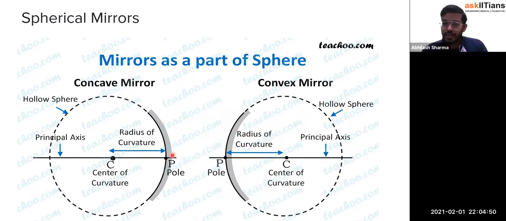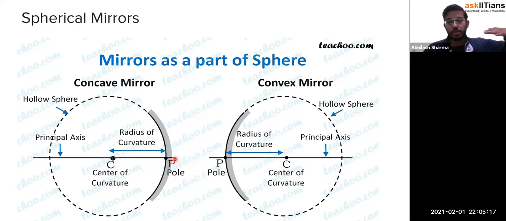Now, since these mirrors are made from a sphere, some characteristics of that sphere get carried over to these mirrors as well. They remain equally important, even though these mirrors are later cut out from the actual sphere. The center of the original sphere from which it was made is still called the center of curvature of the mirror, in both cases, be it concave or convex. The radius of the original sphere from which it was made is called the radius of curvature.